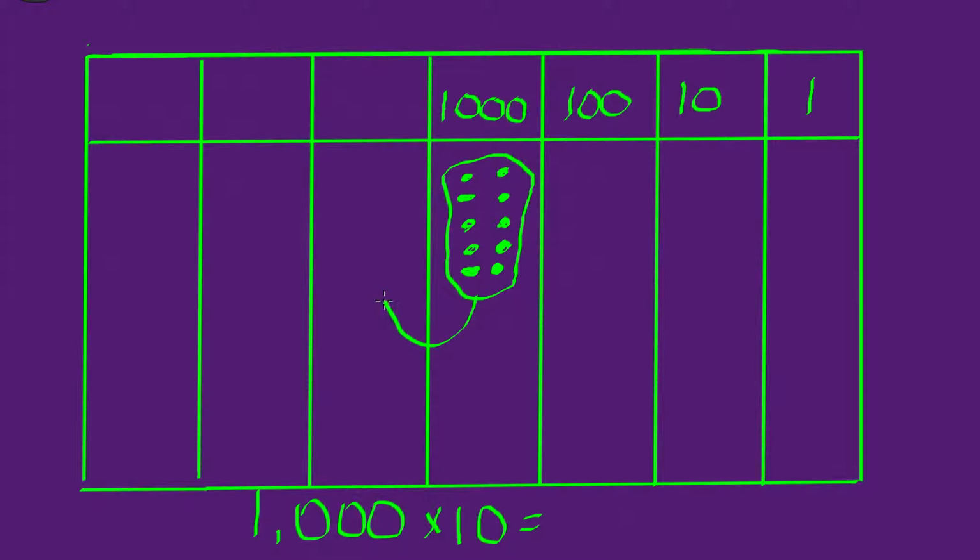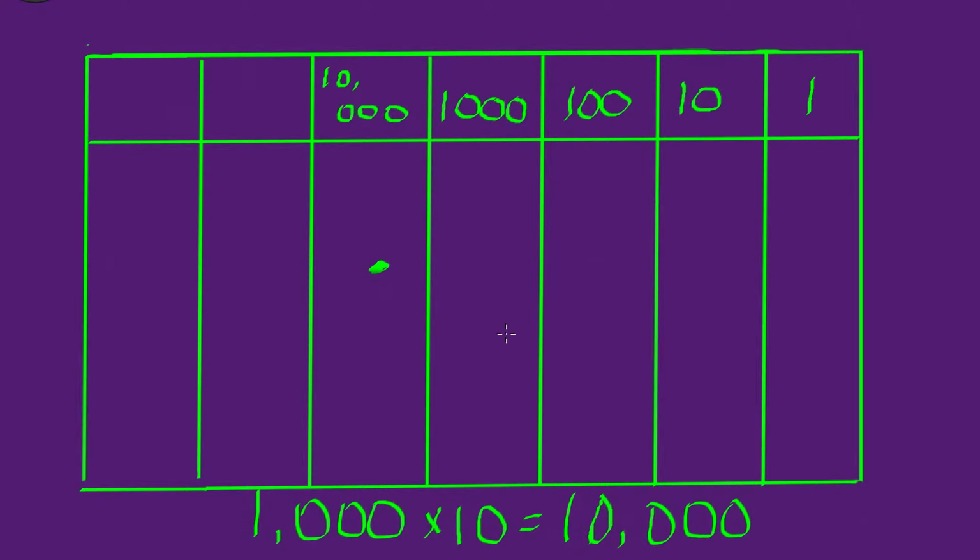So if I'm moving this one over to here, I have 10,000. So in other words, this place is called the 10,000 place. So the answer, 1,000 times 10 is 10,000. These are now gone because we moved them over and grouped them or bundled them into one dot over here in the next place.